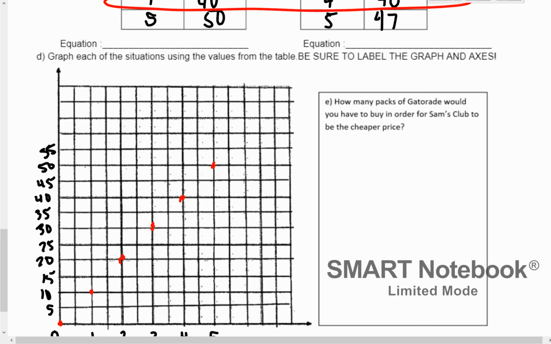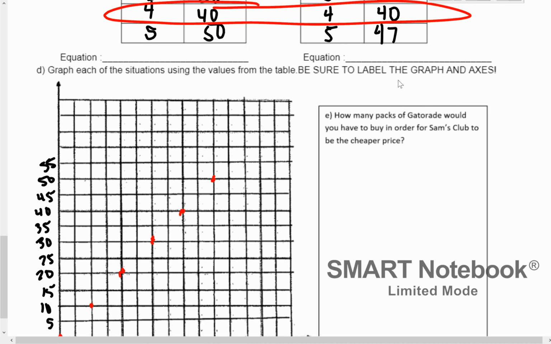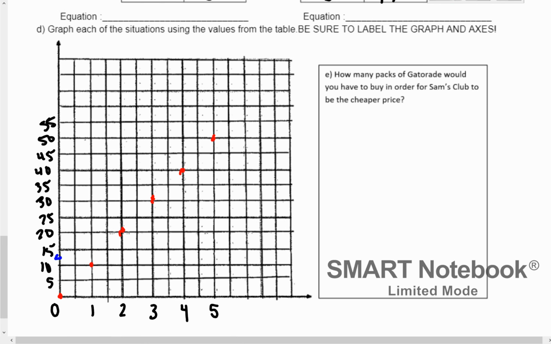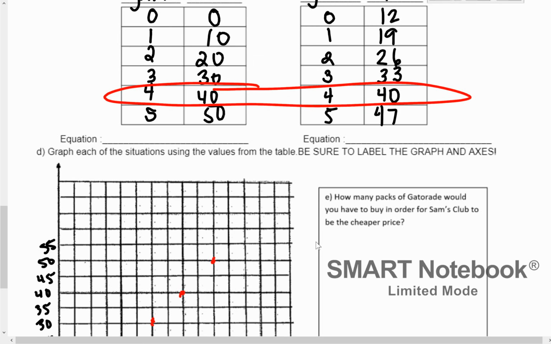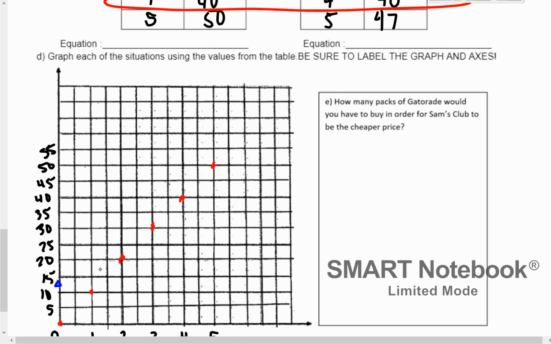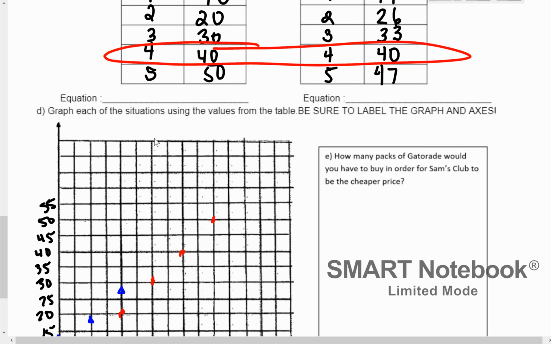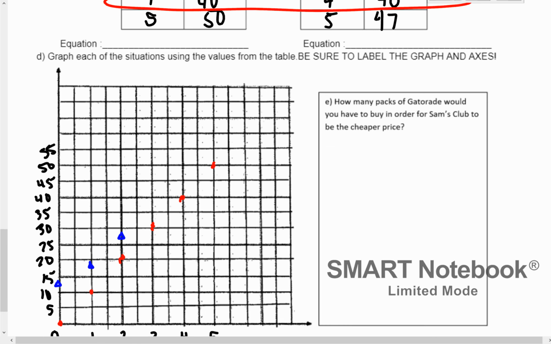For my Sam's Club, I am 0, 12, 1, 19, 2, 26. So you're going to see how it starts off being more expensive. 3, 33, 4, 40, 5, 47. One thing I forgot to do with my red line was to connect it into a line, so I'm going to want to go back and do that.